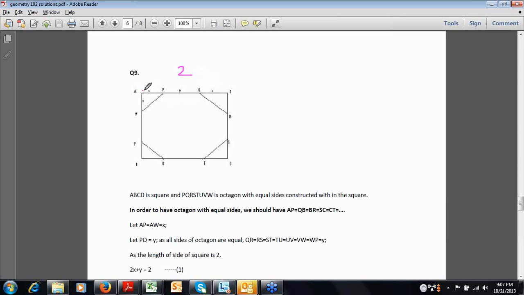Now this value is x, this value is x, this value is y. So 2 is actually equal to y plus 2x. Now we have to find the value of x in order to get the value of QR. QR will be x root 2.